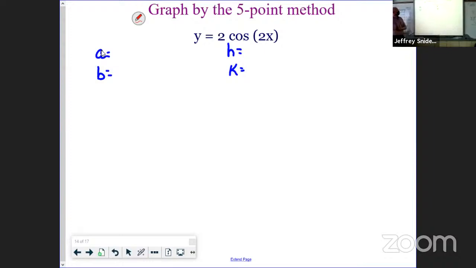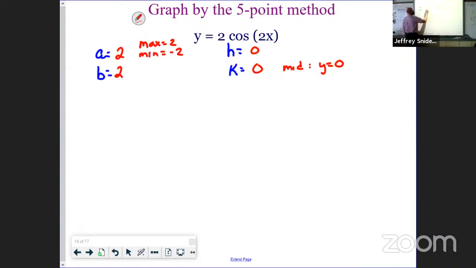All right, here we go. A value is 2. B value is 2. H is 0 and K is 0. So right here, as soon as I write this one down, my midline then is y equals 0. Then I can come back over here and take care of my max and min. My max equals 2.